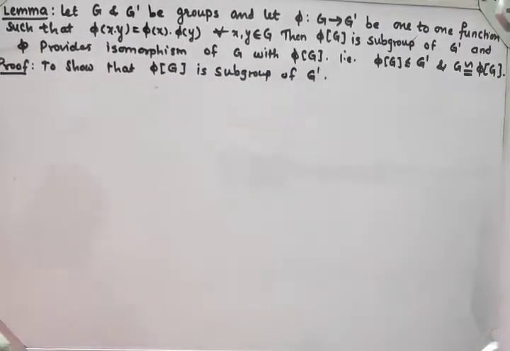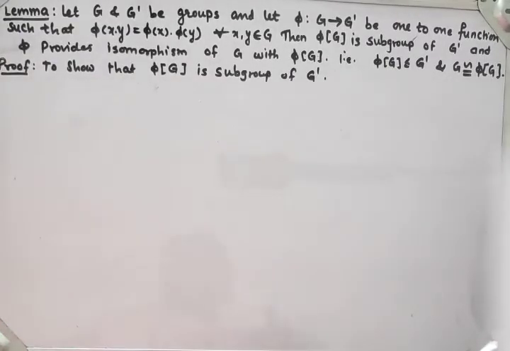Then by using the necessary and sufficient condition for subgroup, we show the closure property, existence of identity and existence of inverse.